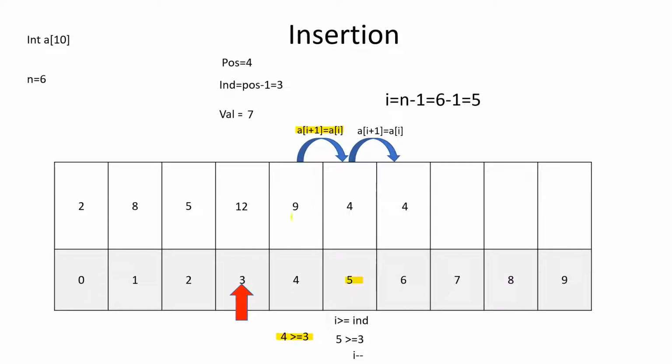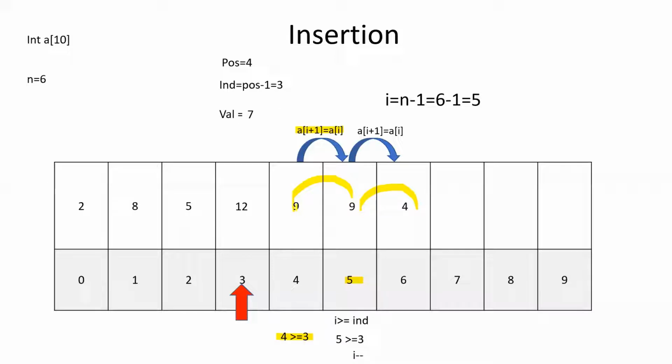The current value of a of I is 9, right? 9 is copied into the position of a of I plus 1. Before, we had shifted the value 4 to this position. Now we are overwriting that 4 with a 9.